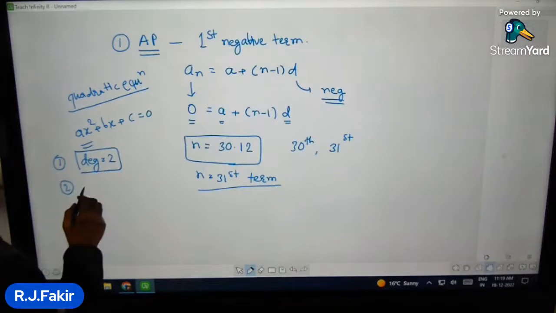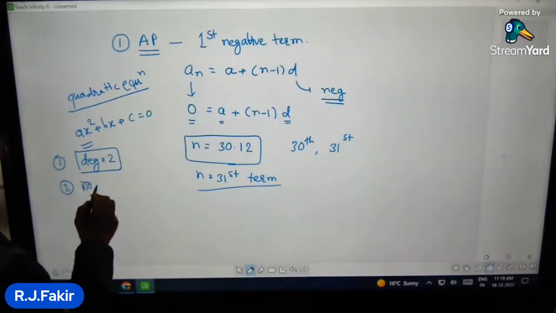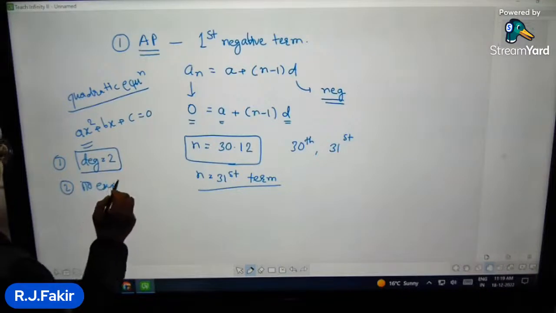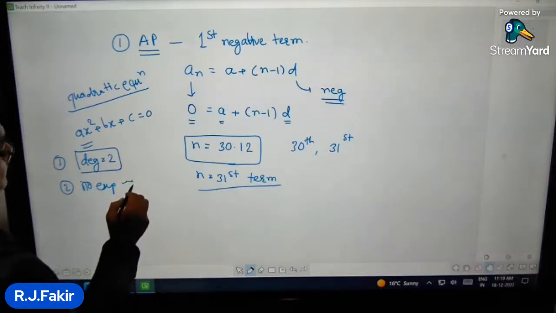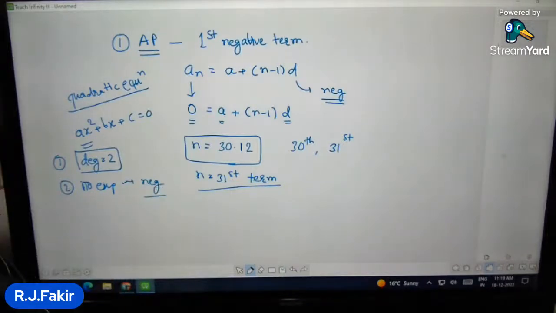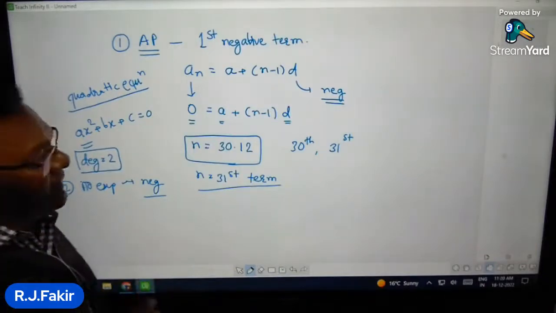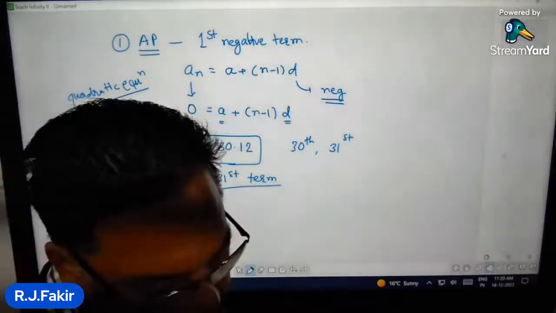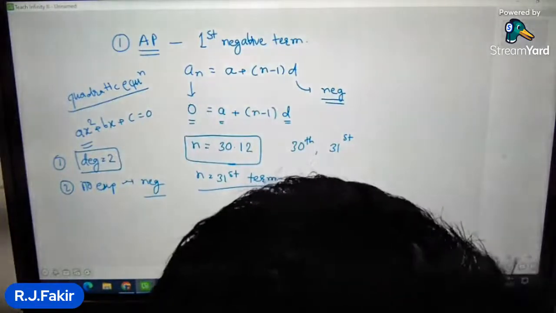Second is no exponent should be negative. For any of the variable in that quadratic equation, it should not have a negative power. So by this way, you can just find out whether the given relation is a quadratic relation or not a quadratic relation.